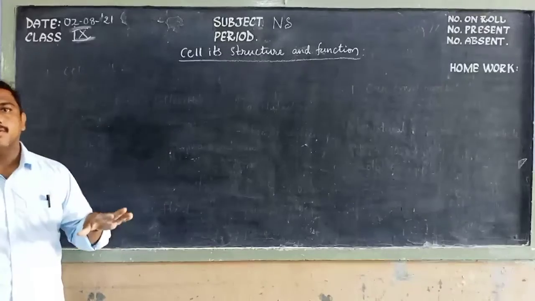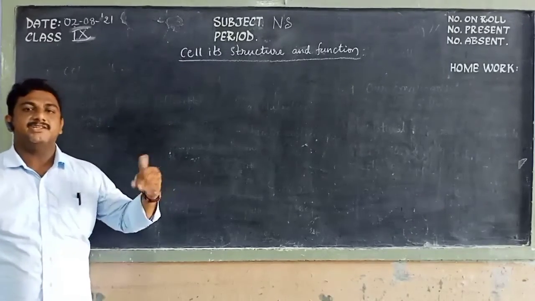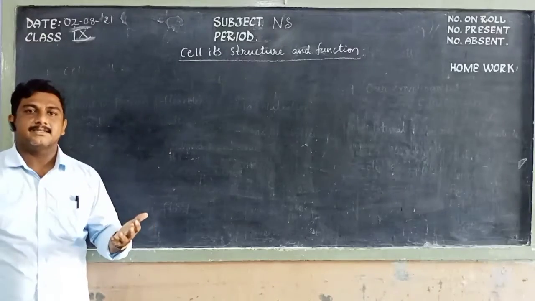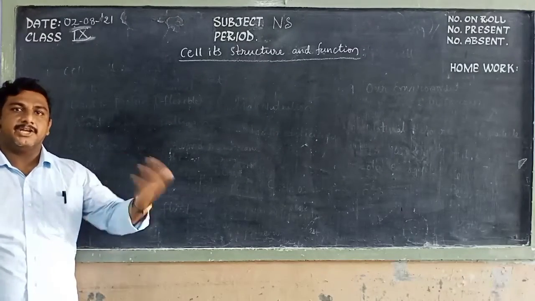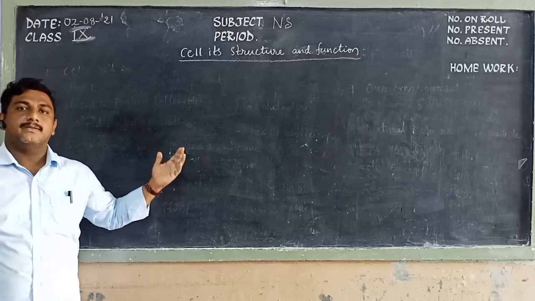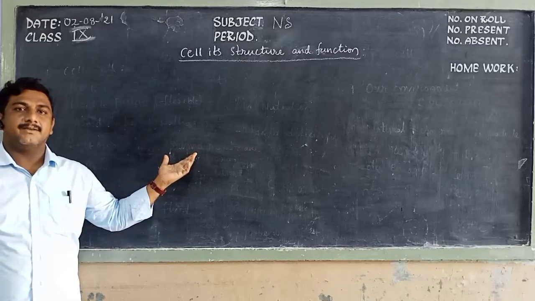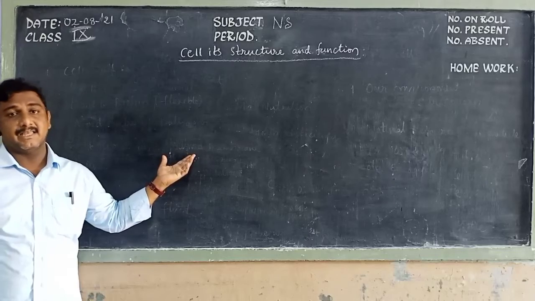Later Rudolf Virchow proved how these cells generate new cells, and said that cells are generated from pre-existing cells.